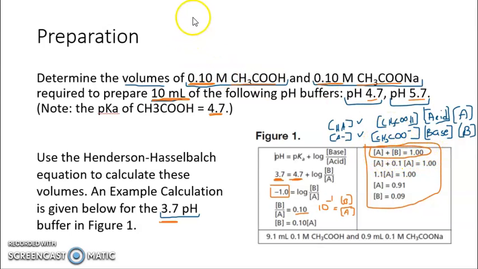So where does this come from? If I have acetic acid, I have acetate, and this is 0.1 molar, and this one's 0.1 molar, and then buffer concentration.